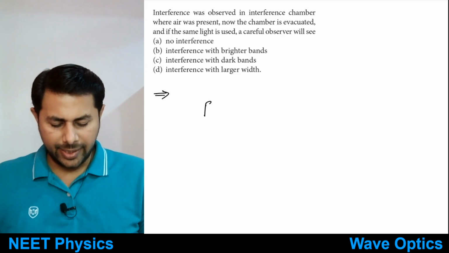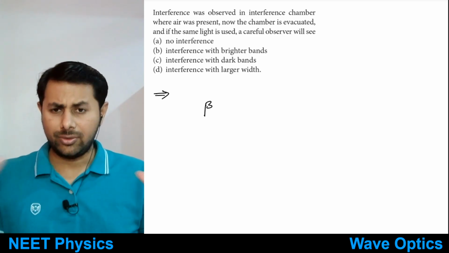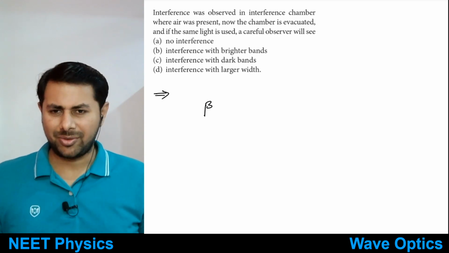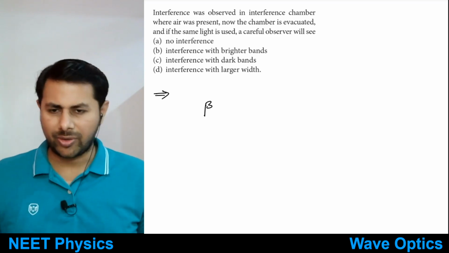Okay, see, air is removed. Suppose an interference pattern is observed in a room, and all of the air from that room is removed. Then what will happen?